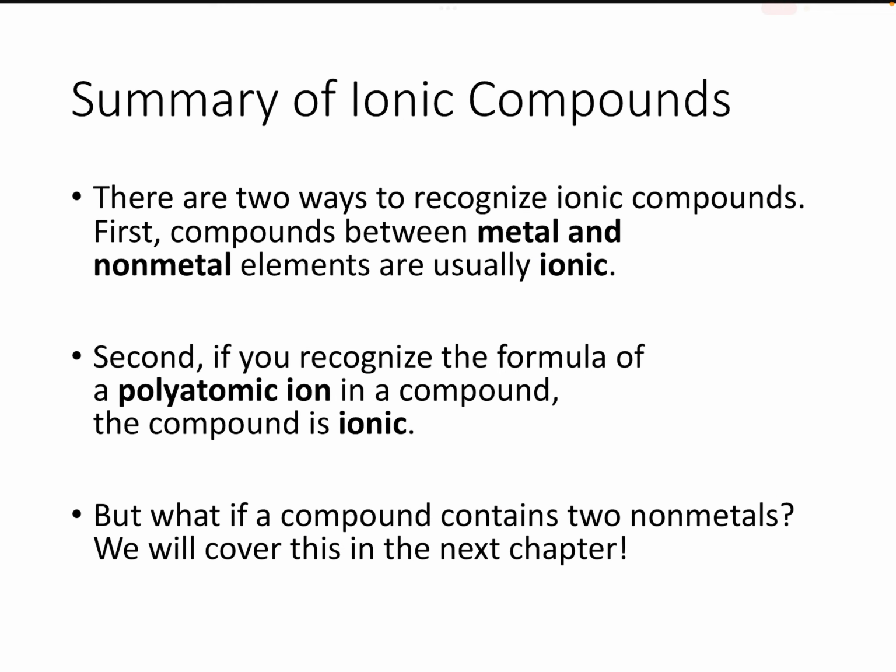All right, so let's summarize ionic compounds. Again, there are 2 ways to recognize an ionic compound. So compounds that exist between a metal and a nonmetal are usually ionic. So that's a key one. If you see a metal and a nonmetal, that's ionic. So for example, sodium and chlorine. Sodium is a metal, chlorine is a nonmetal.